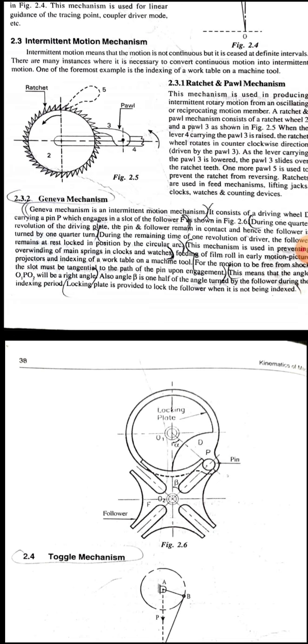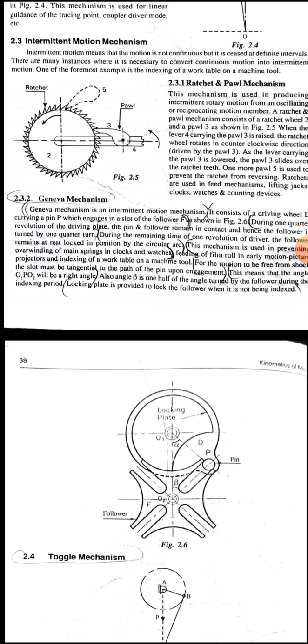The feeding of film roll in early motion picture projectors and indexing of tables. For smooth engagement, the slot must be tangential to the path of the pin at engagement. This means that the triangle will be a right angle triangle.